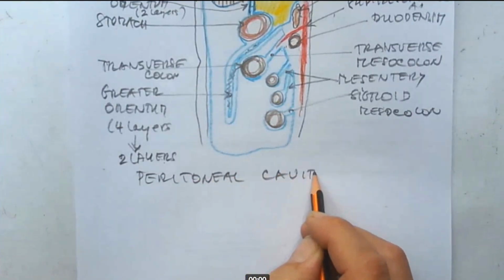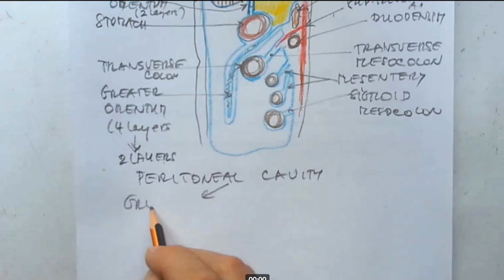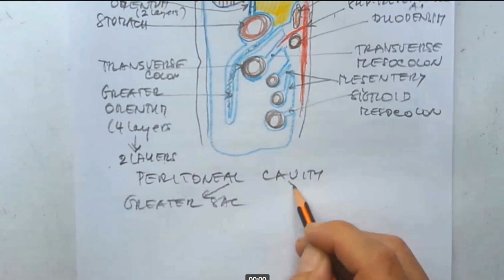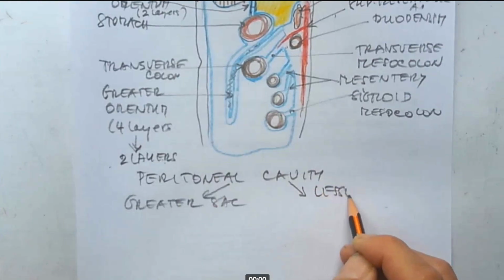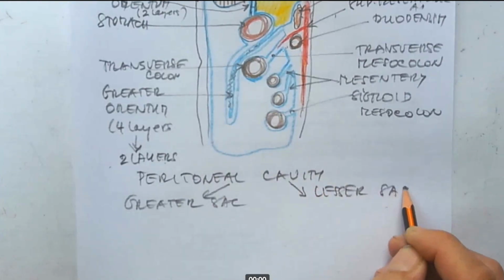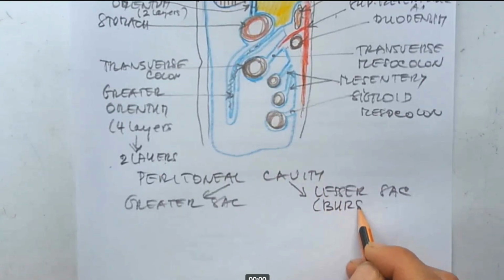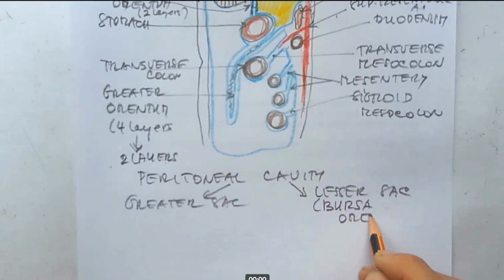is divided into the greater sac and the lesser sac, also called the omental bursa. I will use the Latin word bursa, a pouch, bursa omentalis.